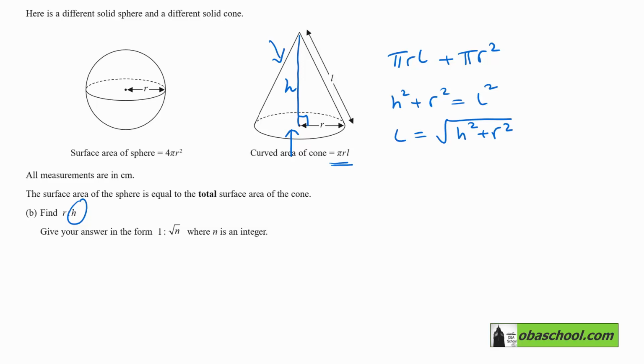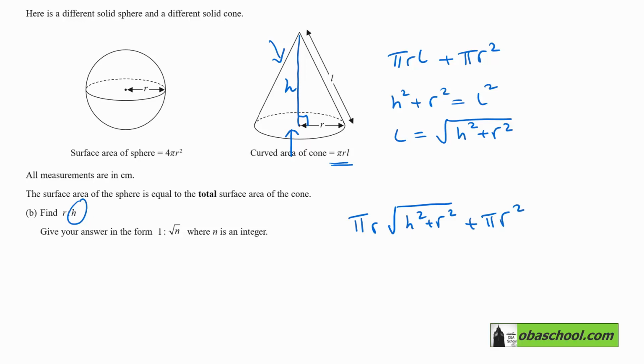So the total surface area for the cone is pi r. Instead of l, we'll have the square root of h squared plus r squared, and then we've got the pi r squared.